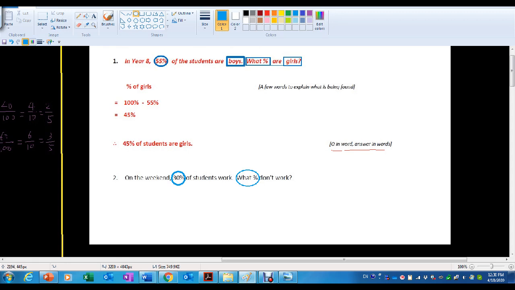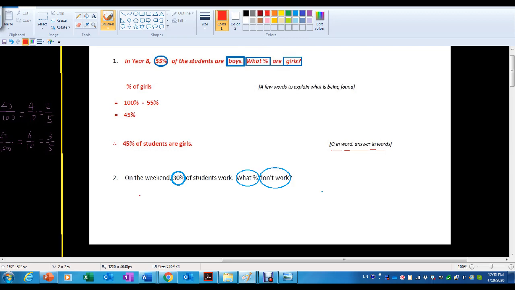Students either work or don't work, right? So if 30% are working, the rest of them are not working.